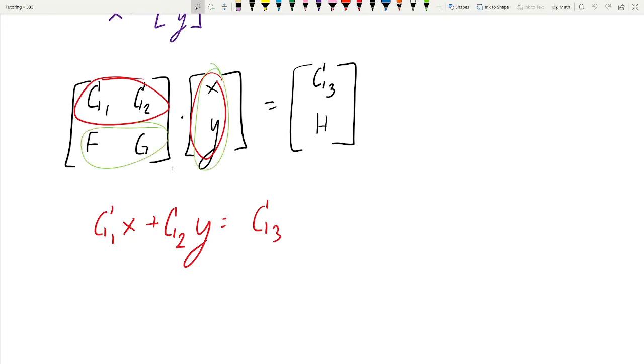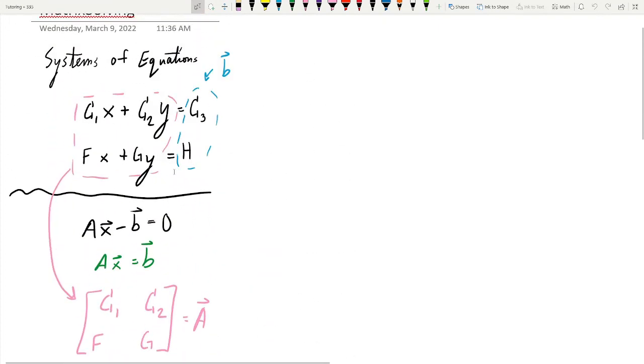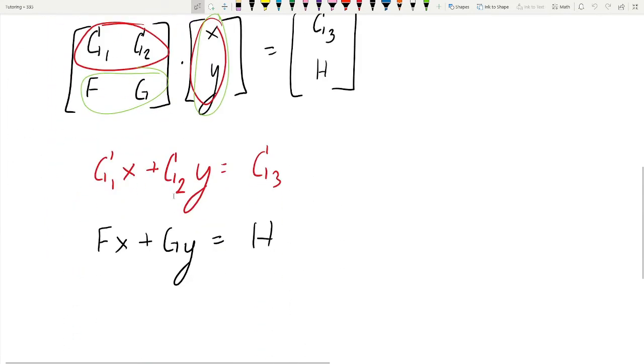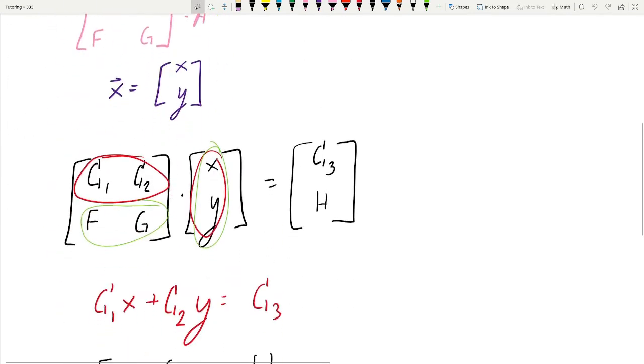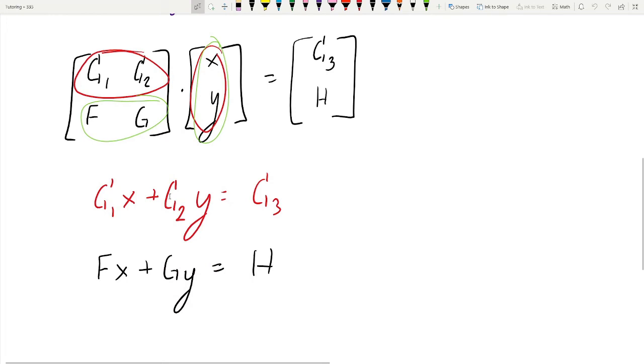What do we get? Well, we get fx plus gy is equal to h. So if we go back up and look, that's exactly what we have. So we know we wrote it in the right format. This is just proving it. You don't need to do this every time. This is just trying to help give you a better grasp of where this comes from.